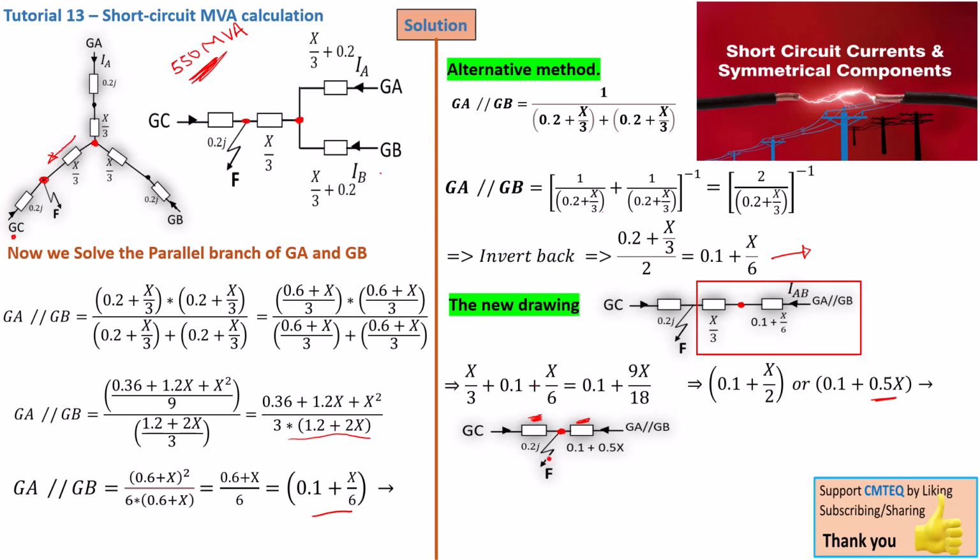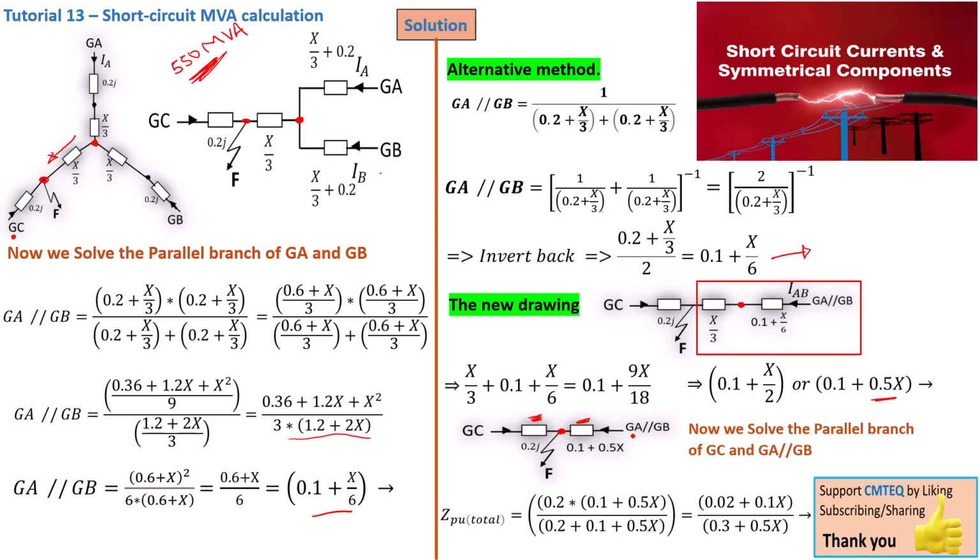Now we can further reduce this parallel branch here leading to the fault by simply working it out, GC parallel to GA GB in a very simplistic algebraic way, and that will give you this expression 0.02 plus 0.1x over 0.3 plus 0.5x.